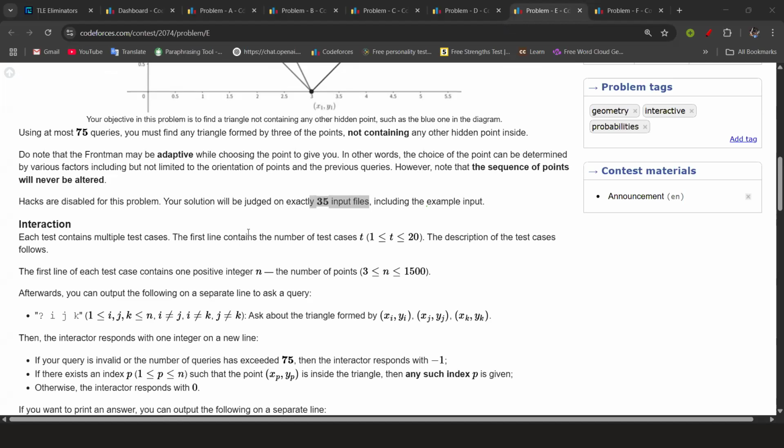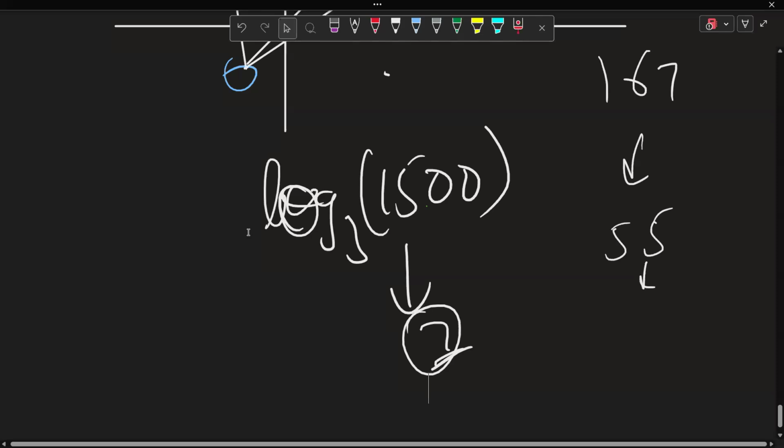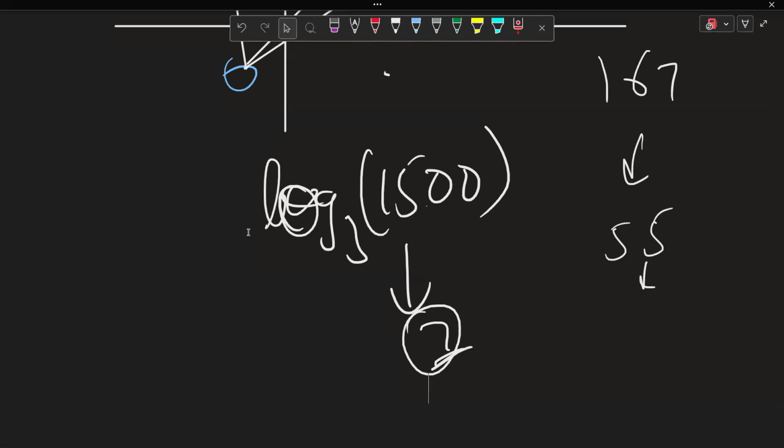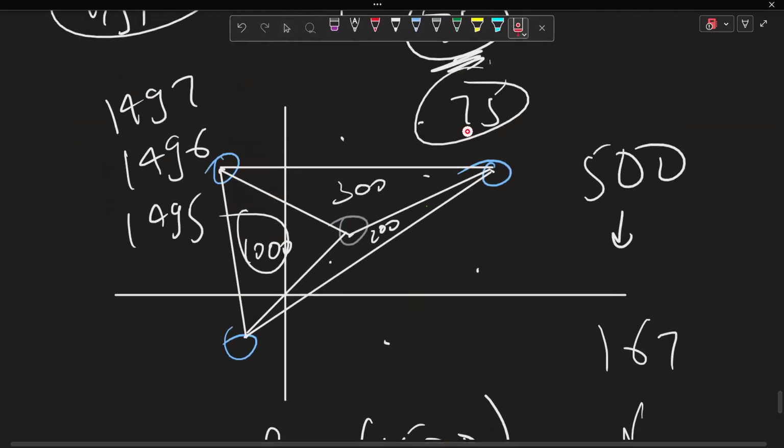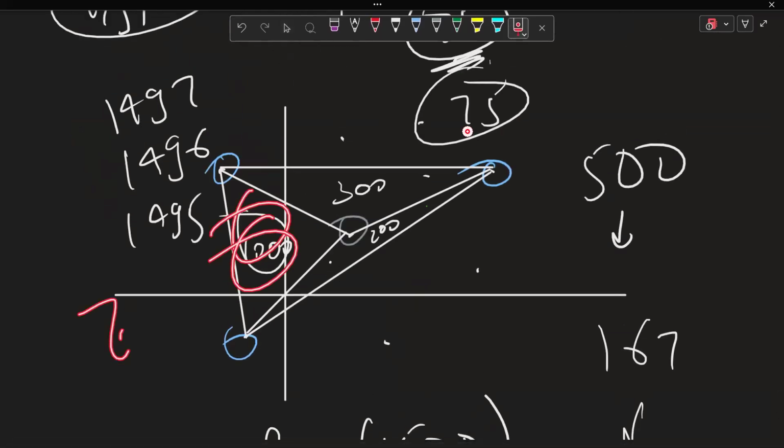But in an average case or even in the worst case, like 99.9% for sure, if you are selecting randomly like this, reducing your range, then in 75 queries, you will surely reach a single point and get an answer. And this solution was accepted. So this was a little bit of luck and a little bit of logic, improving your chances of getting to the correct answer. That was the problem.